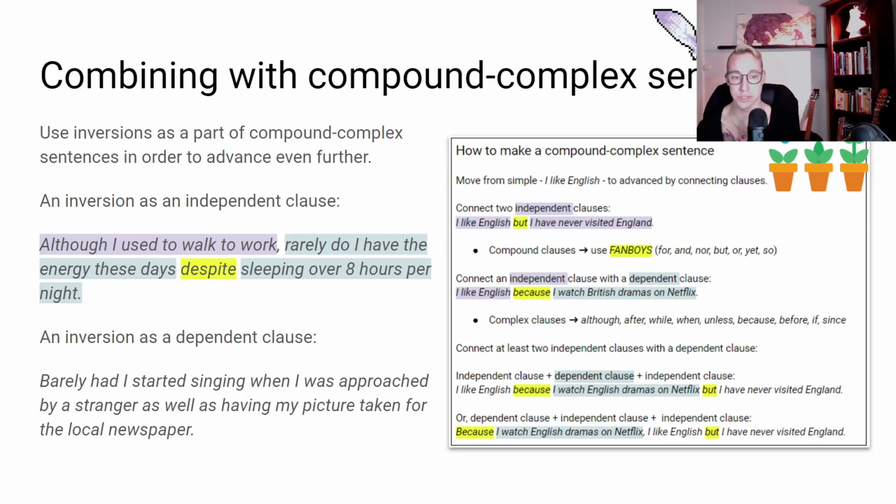And the order isn't extremely important, but it does change the meaning slightly or the emphasis slightly. But you can find all of this in my previous videos if you need to refresh your memory on how to create these. And this is the advanced level of grammar, so I encourage you to try it in order to push yourself even further.